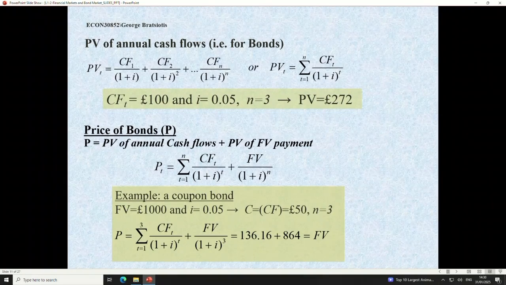The idea is this: when you first issue a bond, and you're thinking, what price should I charge for this bond? It should be the face value, right? In other words, you discount with the risk and the interest rate of today.